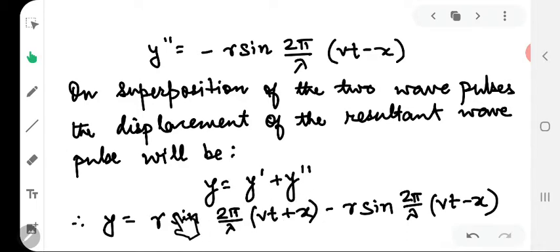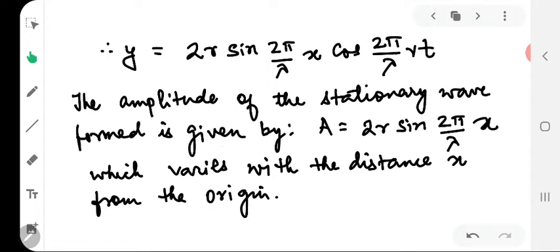Let us substitute the expressions for y dash and y double dash. Therefore we get y equal to r sine 2 pi by lambda (vt plus x) minus r sine 2 pi by lambda (vt minus x). So on solving, we get the resultant displacement y as 2r sine 2 pi by lambda x cos 2 pi by lambda vt.